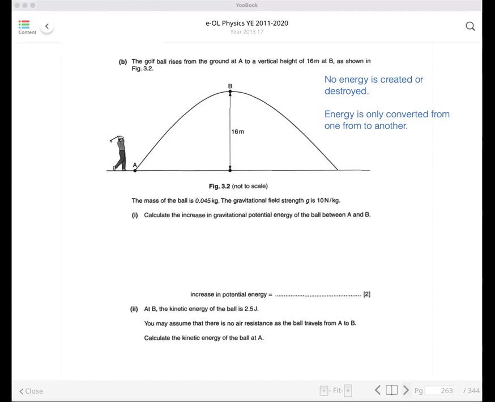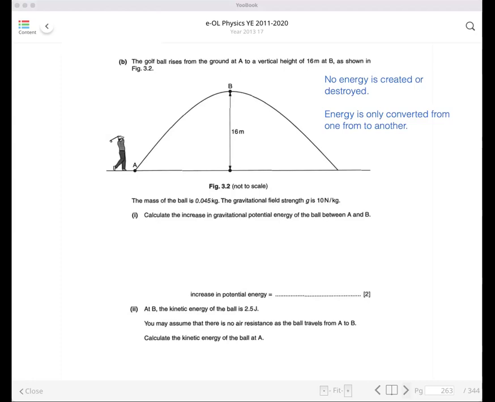Energy is in the unit of joule, not Newton. Okay, very good. Both of you understand this question.